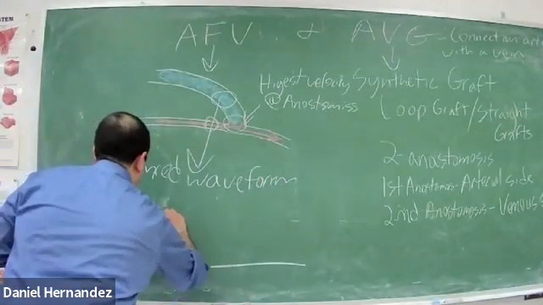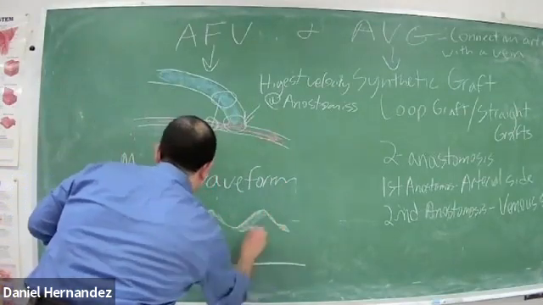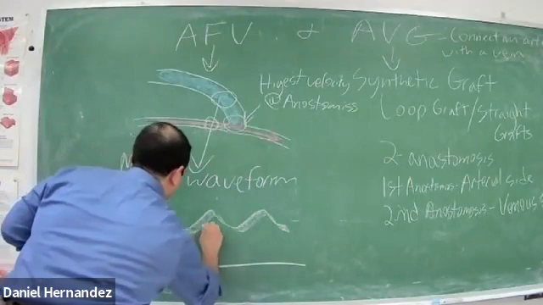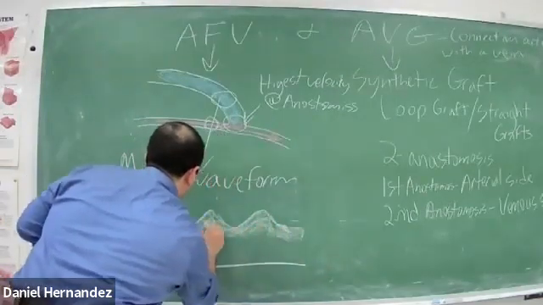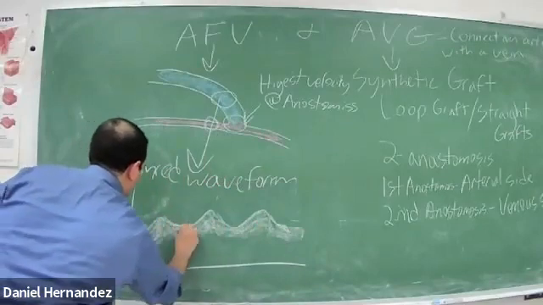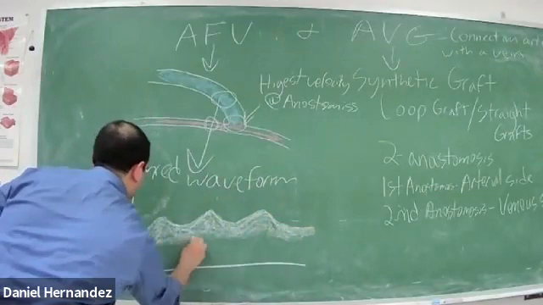So you'll see some pulsatility to it, but it's going to be very turbulent and have properties of both venous and arterial waveform.